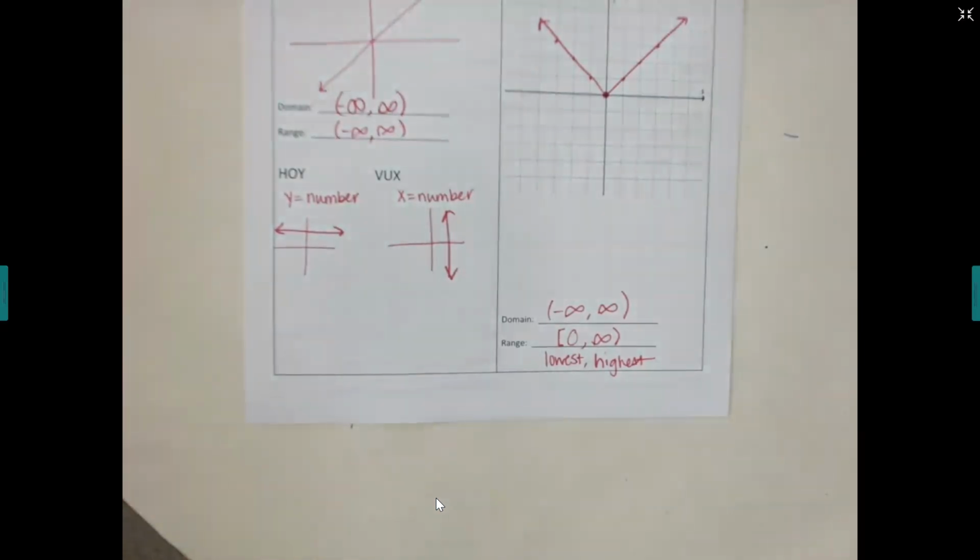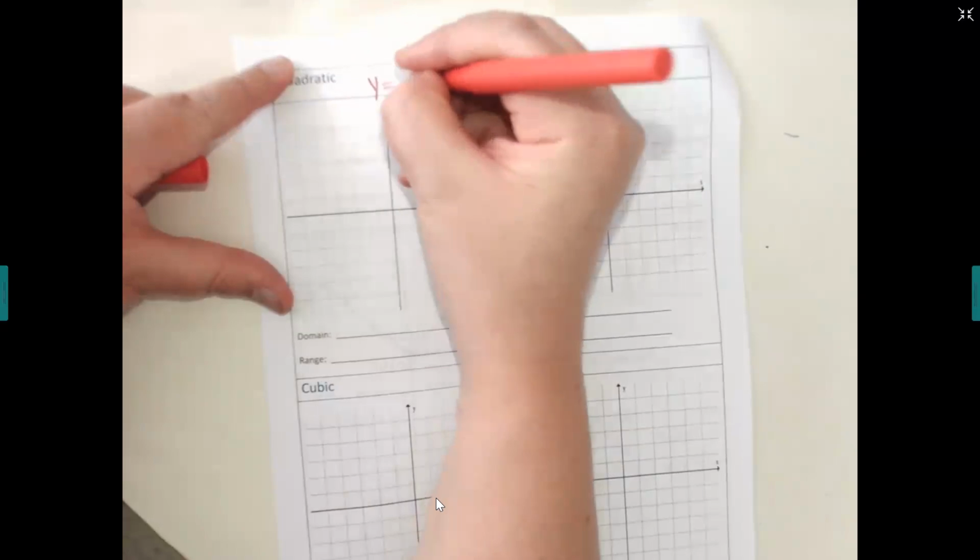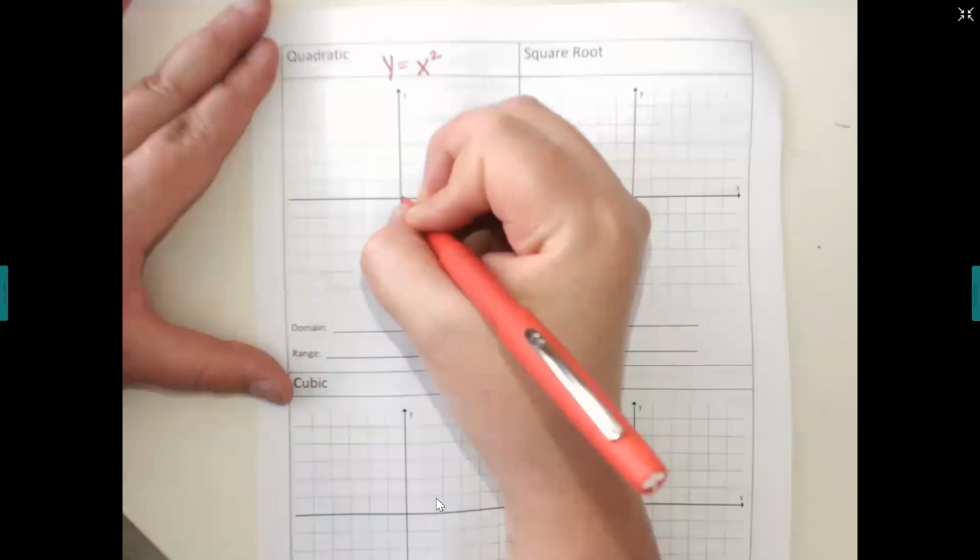Go ahead and turn the page. We have two more families that we talked about last time. We'll start with quadratic. Right, y equals x squared. And then do we remember what letter this one is shaped like? A U is correct. So put your first dot at the center, at the origin, 0, 0.